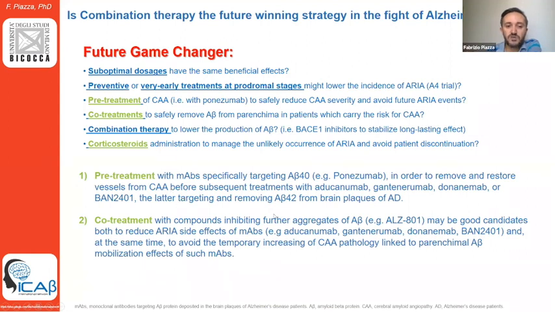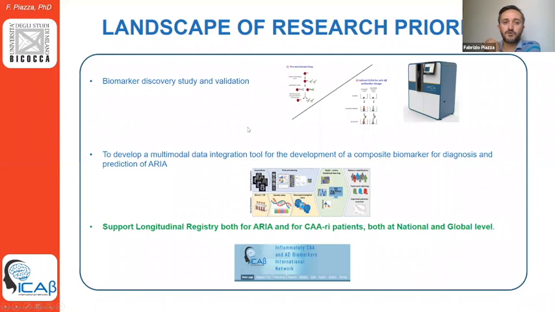And so co-treatment with a compound able to bind these soluble species will both avoid further aggregation in CAA or in the parenchyma in the future, and also sequester them, and so avoid the exertion of some toxic effect of the small monomers.